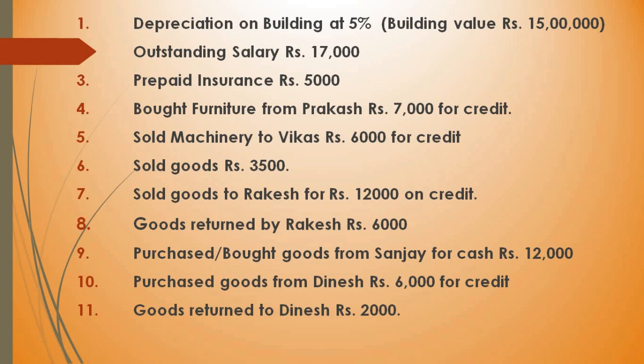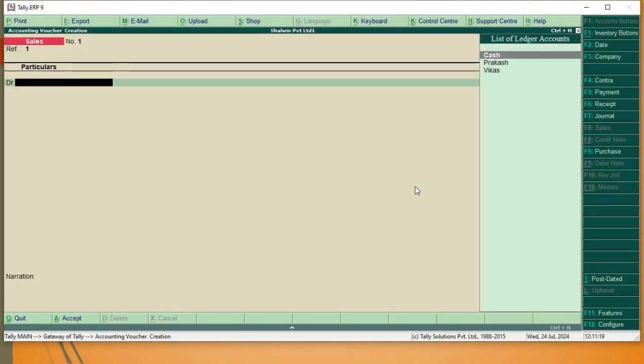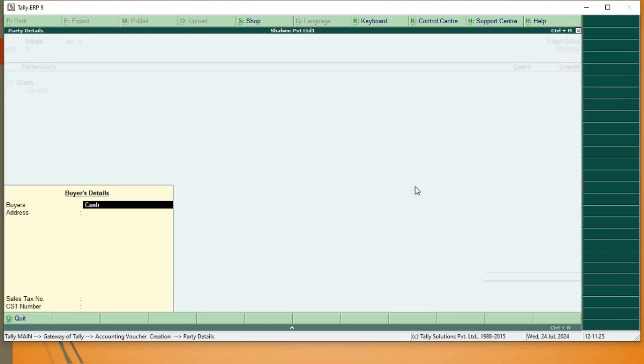So you're going to enter in sales voucher. Whenever you are selling goods, it comes under sales voucher. The shortcut key for sales voucher is F8. Reference number, just give a number here. Debit side, it is for cash. So it is cash sales. You are entering cash here.